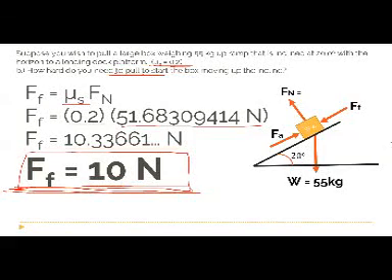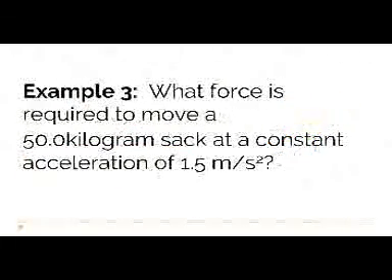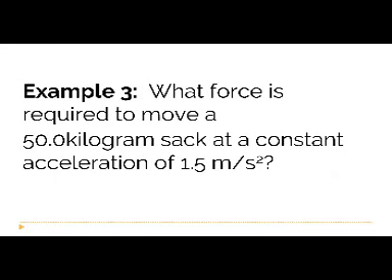Example number 3 is an example of the law of acceleration. What force is required to move a 50.0 kilogram sack of rice at a constant acceleration of 1.5 meters per second squared?